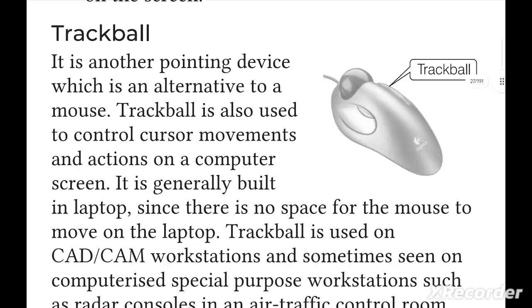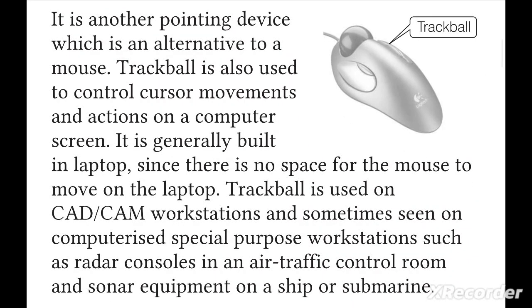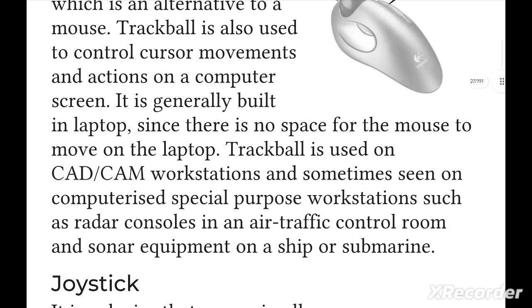Next, trackball. It is another pointing device which is an alternative to a mouse. Trackball is also used to control cursor movements and actions on a computer screen. It is generally built into a laptop, since there is no space for the mouse to move on the laptop.